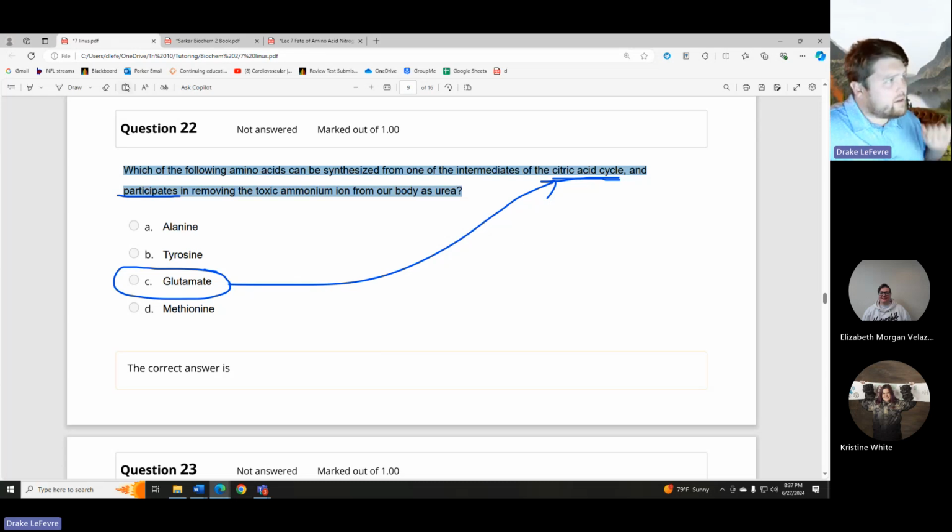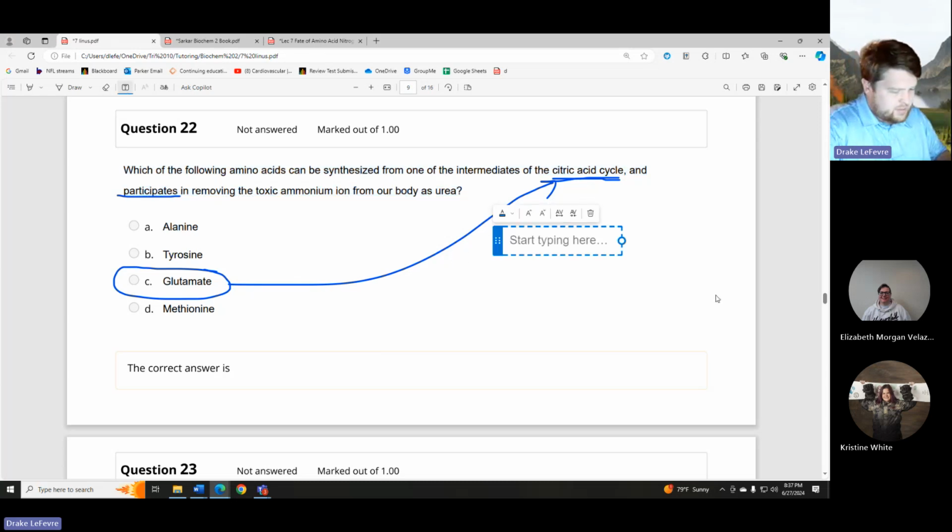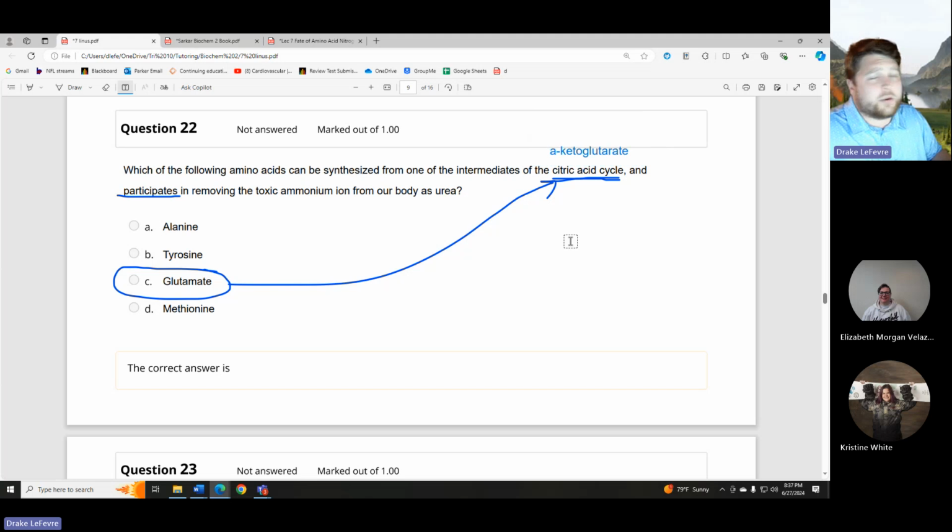My best guess is that because the alpha ketoglutarate is part of the citric acid cycle, whereas pyruvate technically isn't part of the citric acid cycle. Pyruvate gets turned into acetyl-CoA, and then acetyl-CoA is what enters into the citric acid cycle.